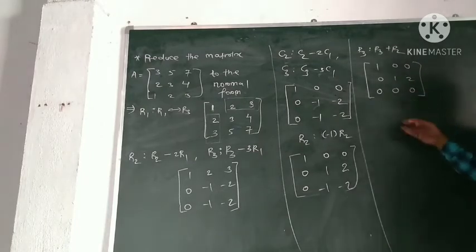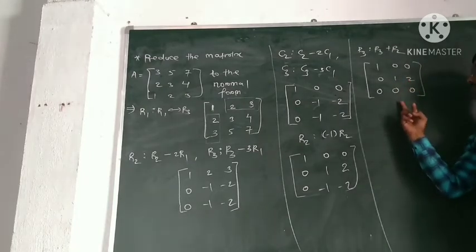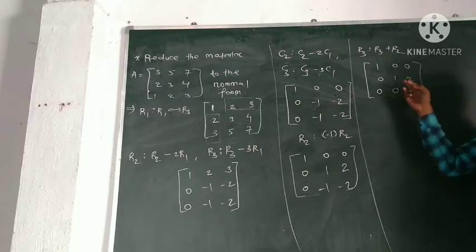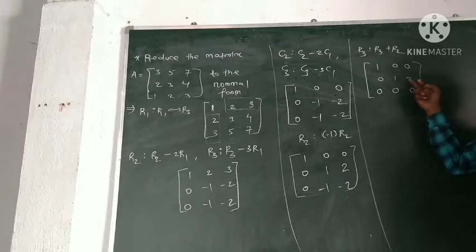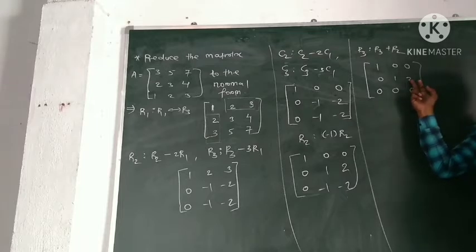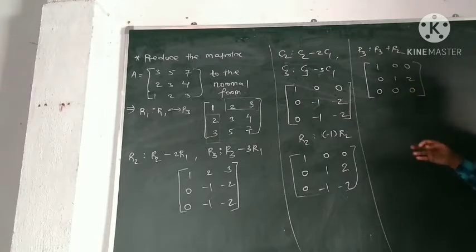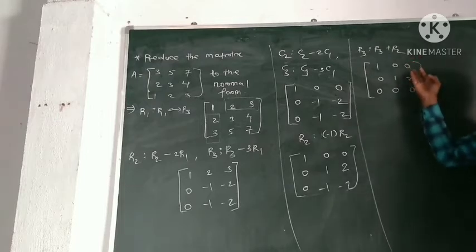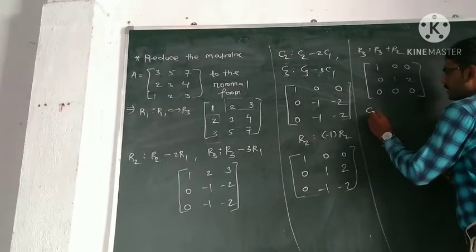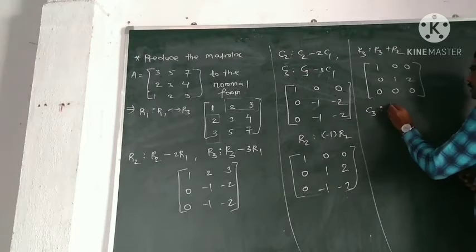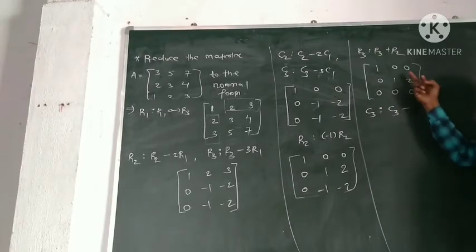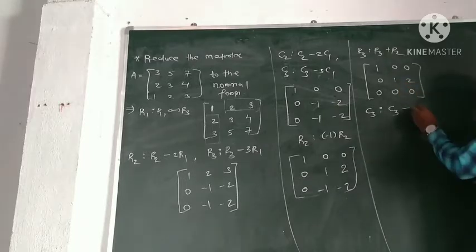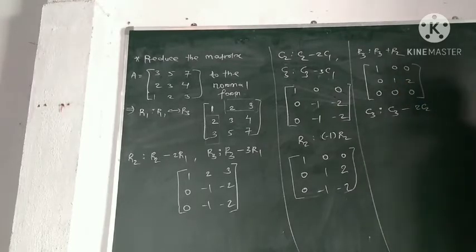Now this target is also over. The entries below this one are 0, but the entries to the right of one we also want to make 0. So we want to make this 2 a 0. We have to apply a column operation on the third column. So column 3 is changing: column 3 minus 2 times column 2.